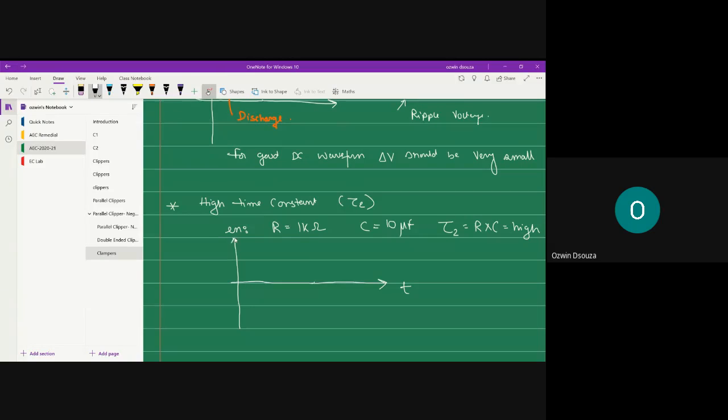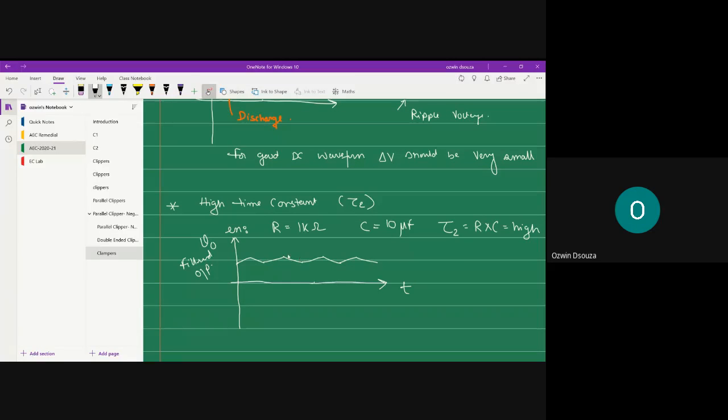So this is your filtered output. In this case, what happens is that the capacitor charges to this extent, and then it discharges. Then it charges, then discharges, charges, discharges, so on, so forth.